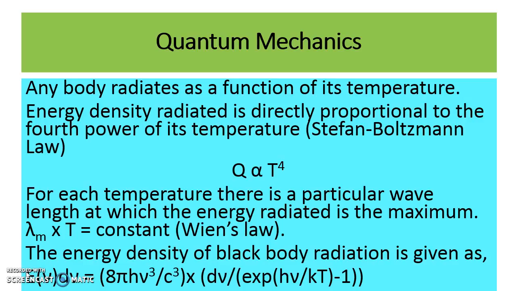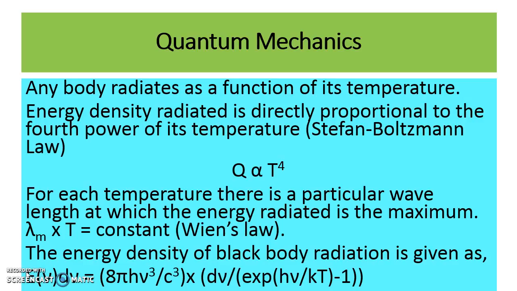As per Wien's displacement law, the product of lambda max and temperature is always a constant, from which it is possible for us to understand that as temperature increases, lambda max occurs at a lower wavelength. Similarly, as the temperature gets reduced, lambda max increases.